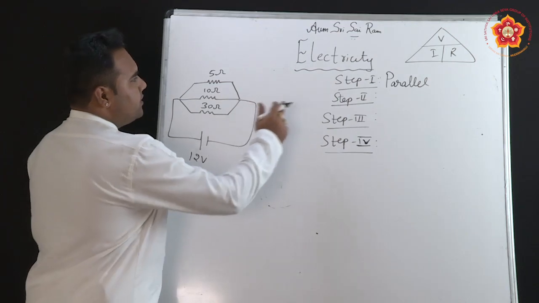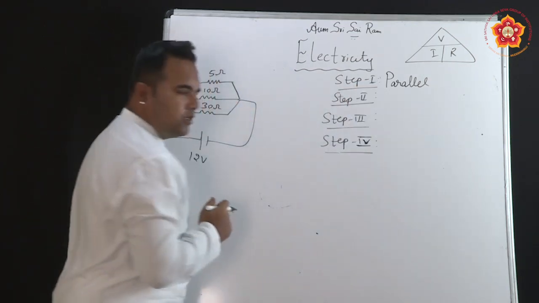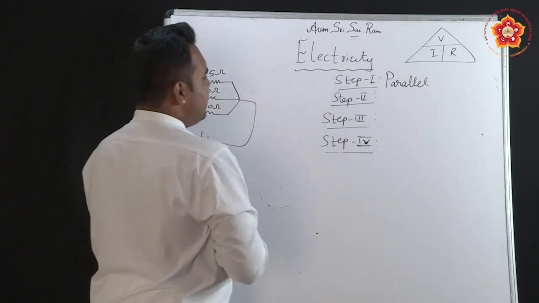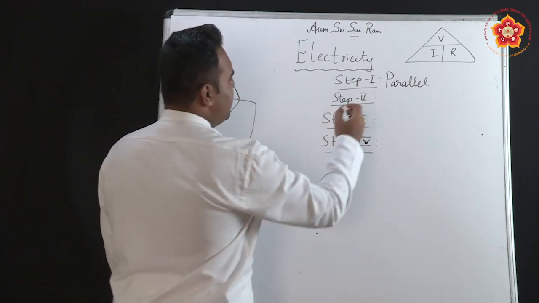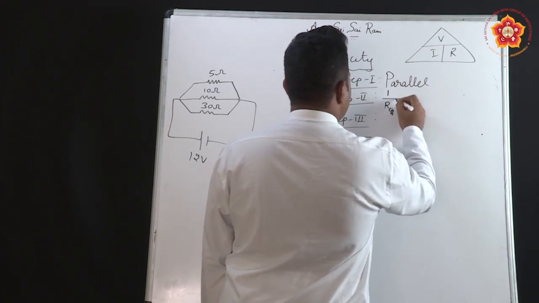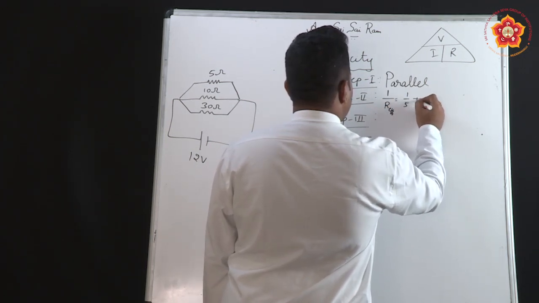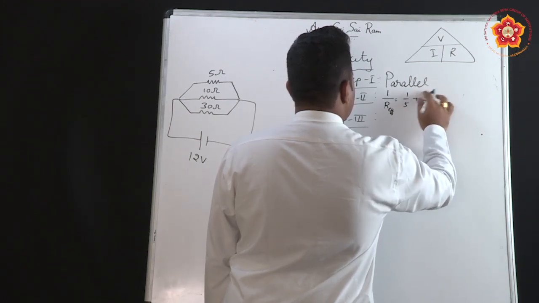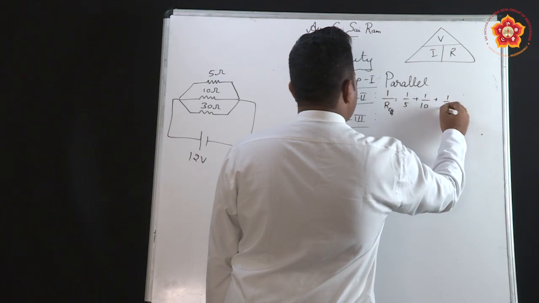Now, step 1 shows that this is a parallel circuit. Step 2, as per our second step, we are supposed to calculate the effective resistance. 1 by R effective will be 1 by 5 plus 1 by 10 plus 1 by 30.